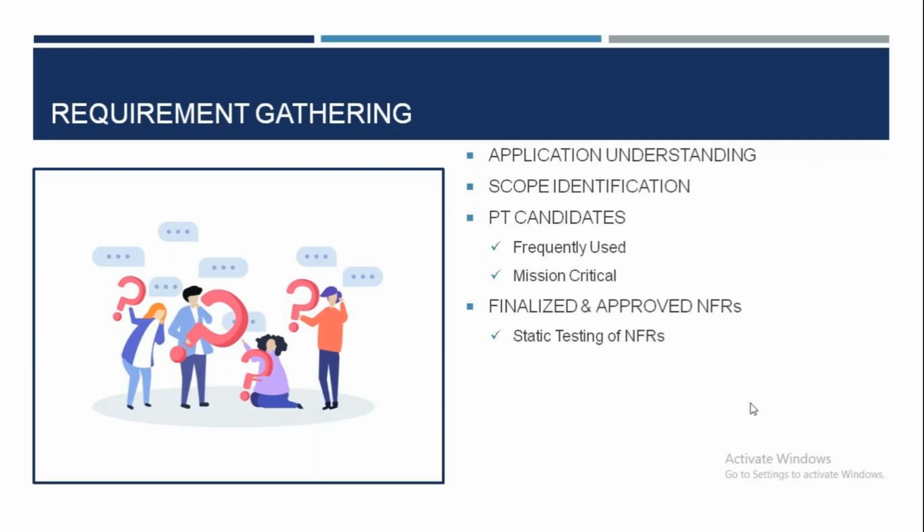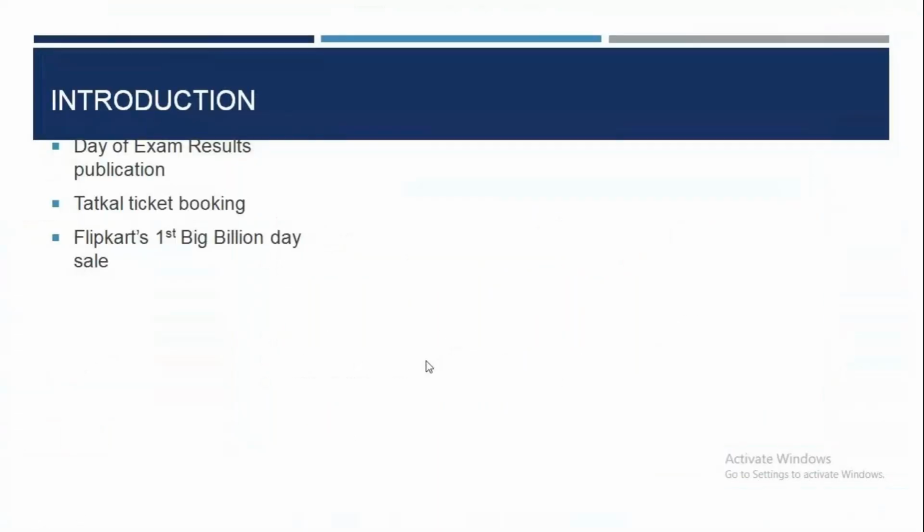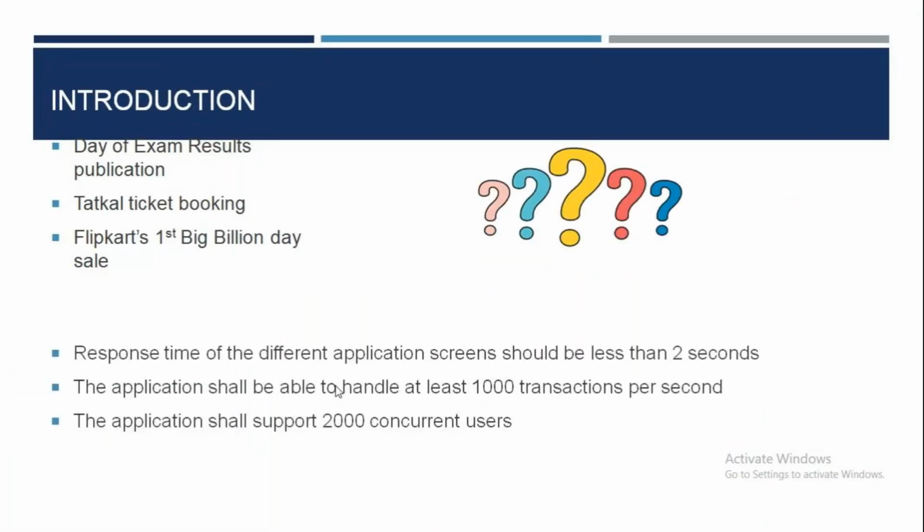But these are non-functional requirements. As I told you, in performance testing we are going to measure speed, scalability, and reliability. So NFRs will revolve around those. I gave an example in the demo session of what NFRs look like: the response time of the different application screens should be less than 2 seconds.